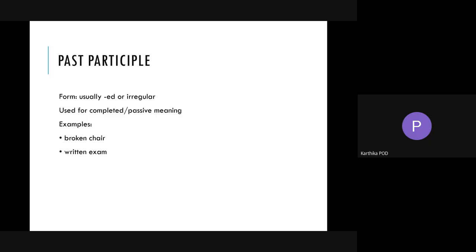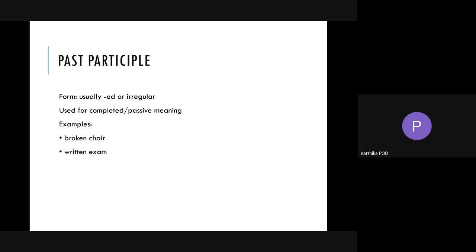For example, broken chair, right? So here with broken, it is break, broke, broken, right? So in which case it has come out as irregular.